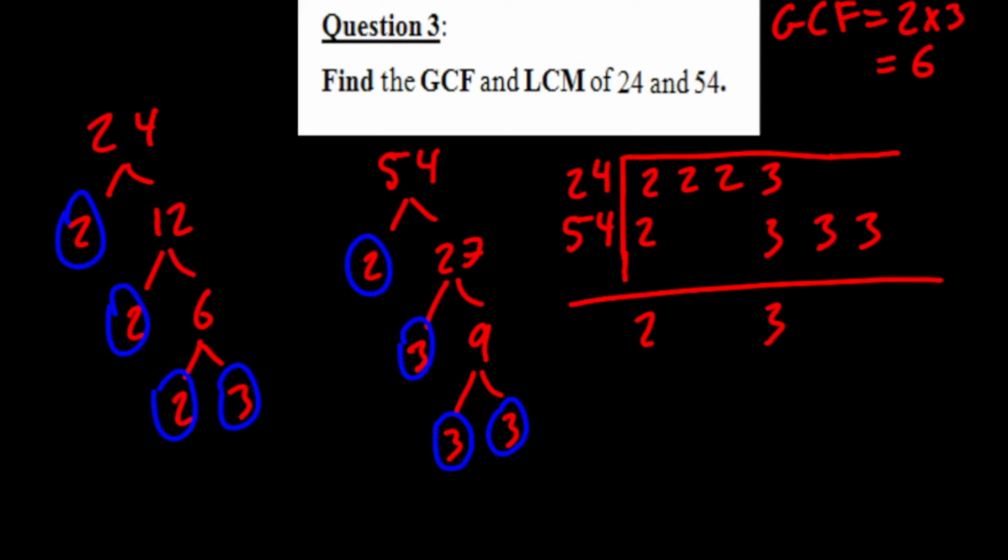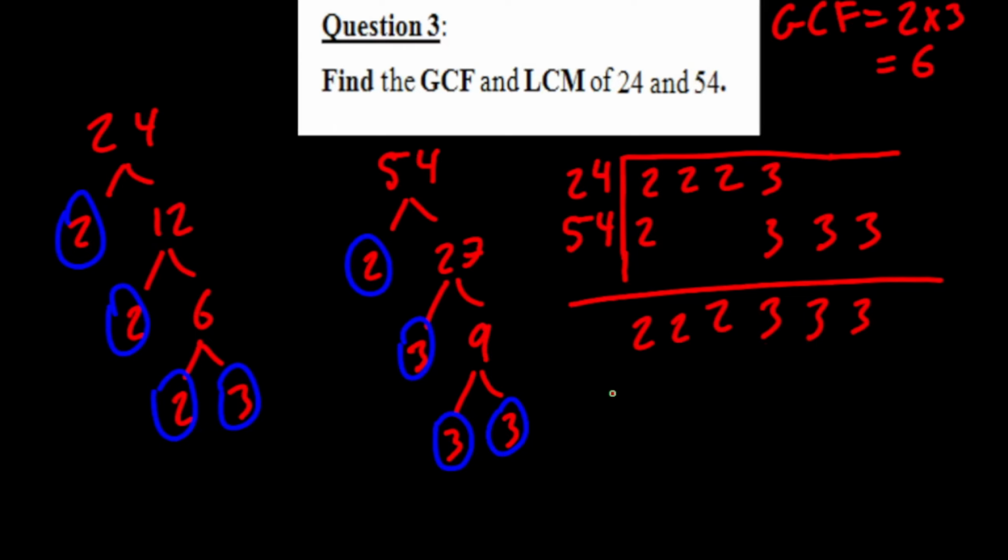Now that we have the greatest common factor, let's find the least common factor. To do this, let's erase the numbers we have here. Okay, for the least common factor, you take down all the numbers you have. So you have 2, 2, and 2, and 3, 3, 3. And you multiply them all together. So it's 2 times 2 is 4, 4 times 2 is 8, 8 times 3, that's 24, 24 times 3, that's 72, and 72 times 3, that's 216.